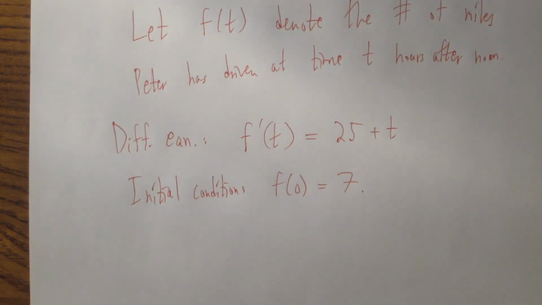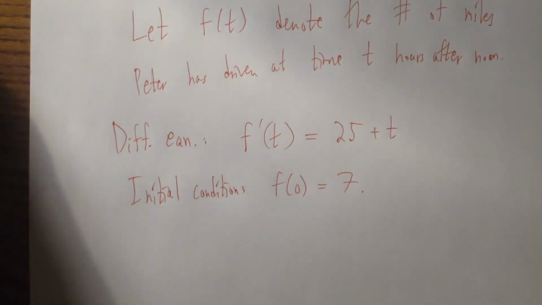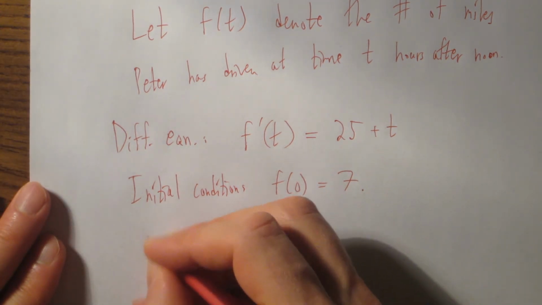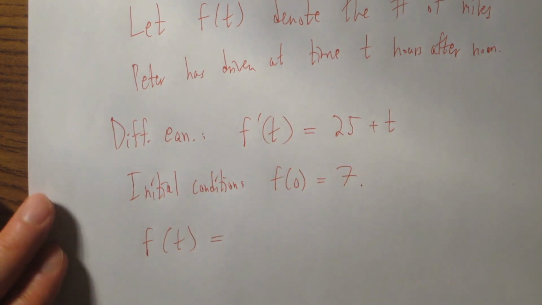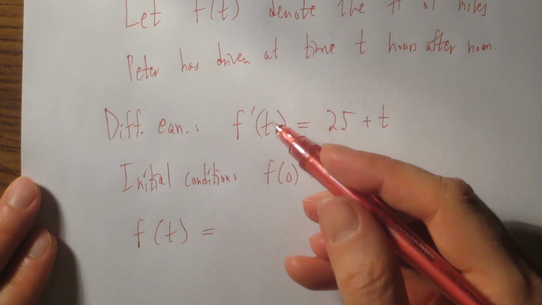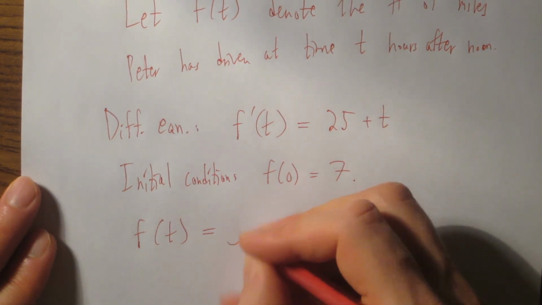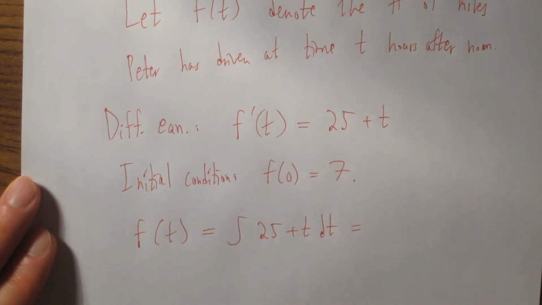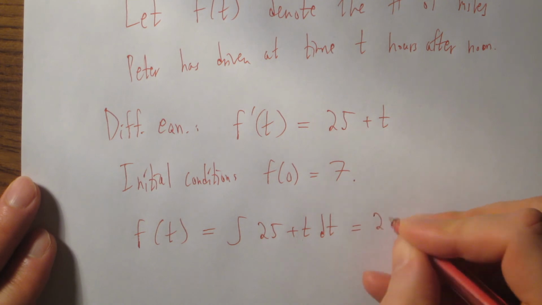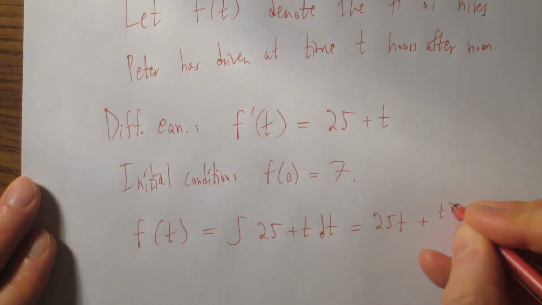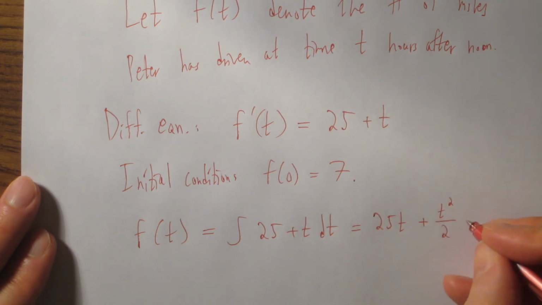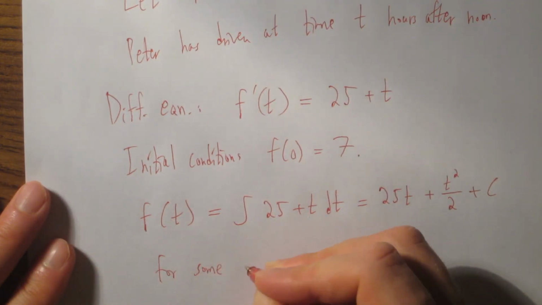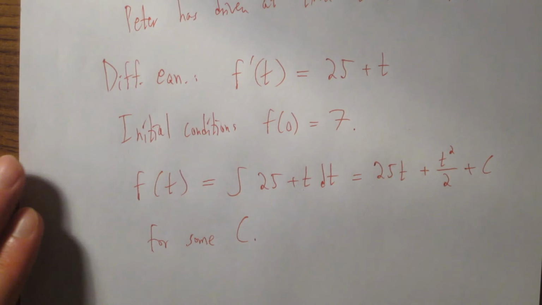So now you can solve it. First, you look at the differential equation. Forget about the initial condition for the moment. So, to go from the derivative to a function, you need to integrate. Because integration is like differentiation backwards. So f(t) must be 25t plus t squared over 2 plus c for some constant c.